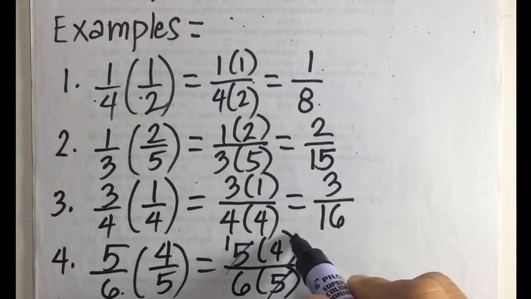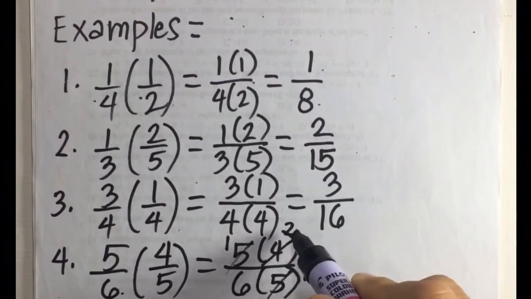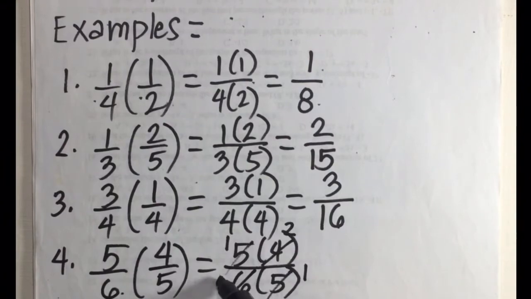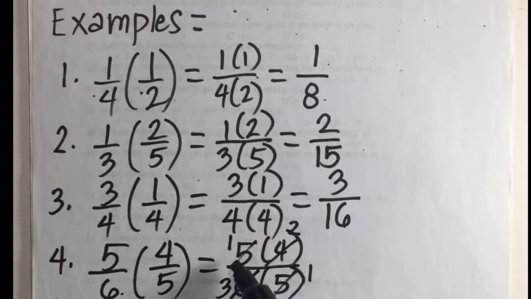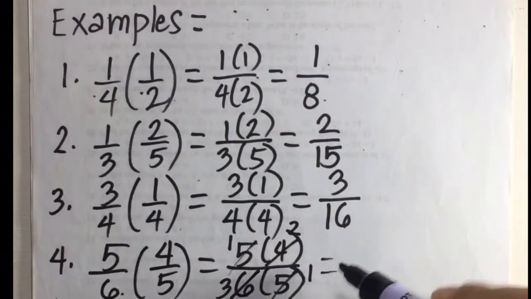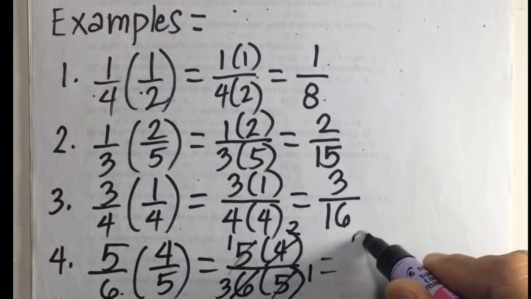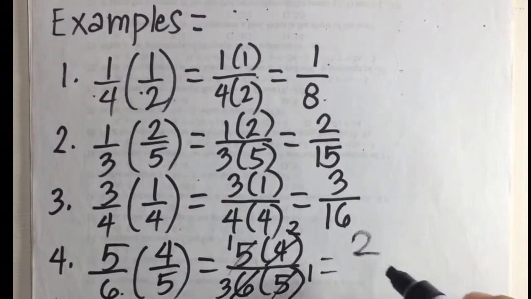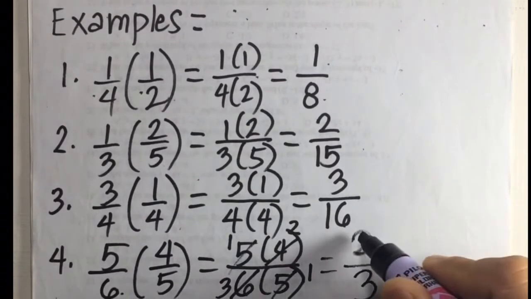So 4 divided by 2 will become 2, and 6 divided by 2 is 3. 1 times 2 equals 2, and 3 times 1 equals 3. So 5 over 6 times 4 over 5 is equal to 2 over 3.